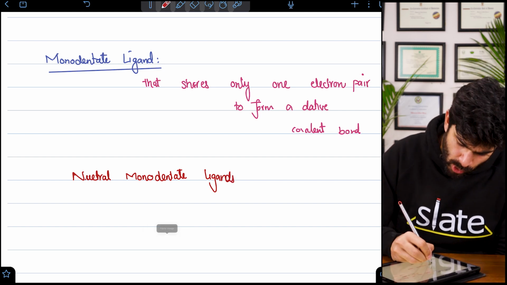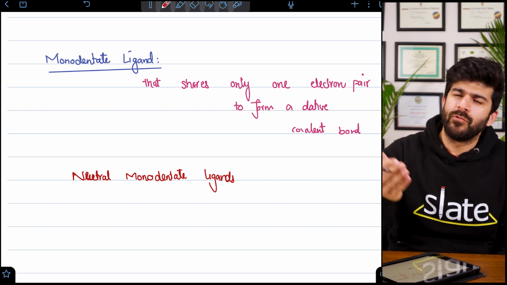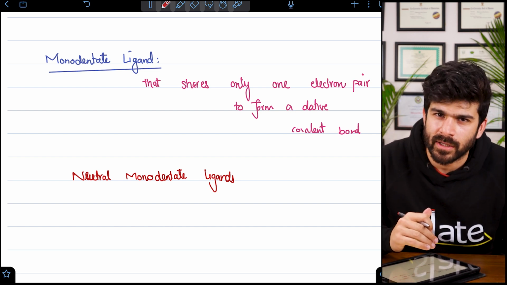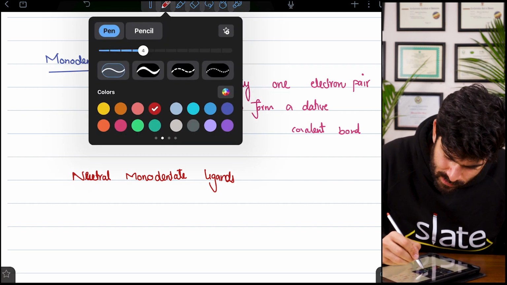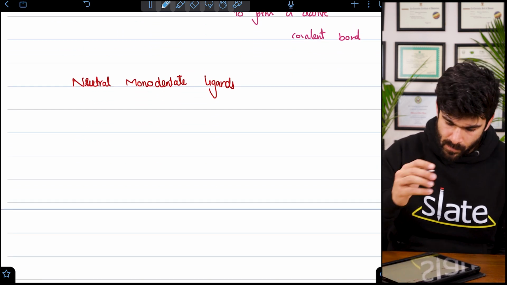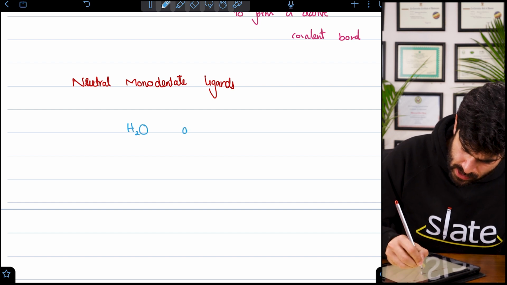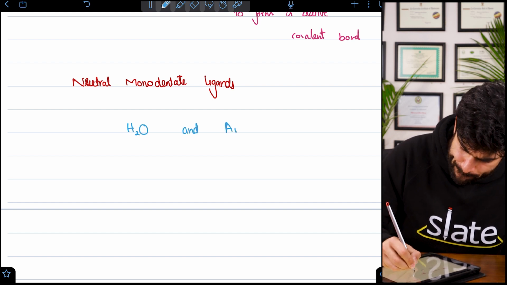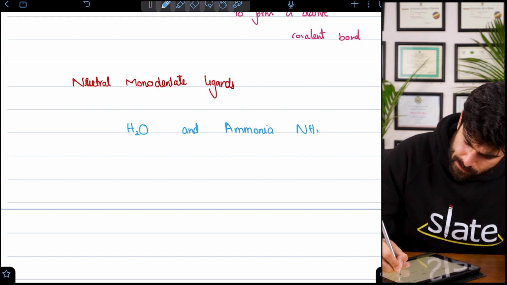when we talk about the neutral ones, there are two examples. If you go to your AS concept of organic, we talked about these neutral ones as well, but they weren't the ligands at that time. What do we have here? We have water and we have ammonia, NH3.